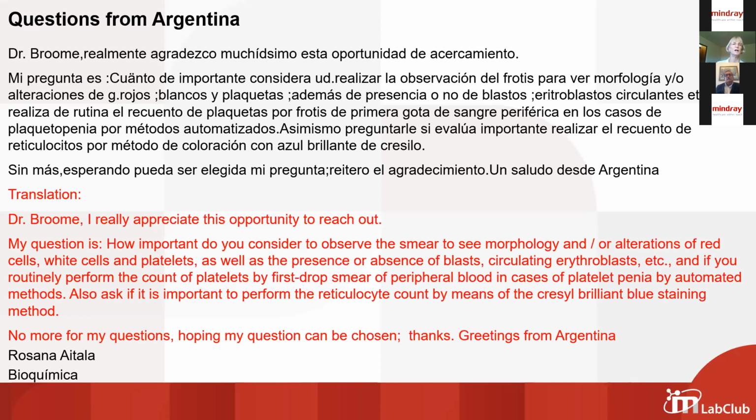And then if we didn't see anything, we wouldn't necessarily look at the blood smear again for, I believe it was a week. So these patients in the hospital, we wouldn't always be looking at their blood smear because their platelet count was low. But if they came in with a low platelet count, we'd always look at their blood smear. I think that's very important. You don't want to miss schistocytes, for example, on somebody that comes in with a low platelet count.